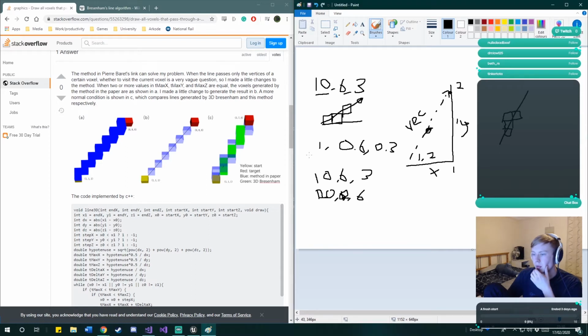So this would be 1.3. I don't know what this would be, so I think it's proportional. But this would be 0.6. It'd start here, go 0.3, 0.3, 0.3. But I think there's still a chance of it skipping. Yeah, so that in and of itself wouldn't work either.